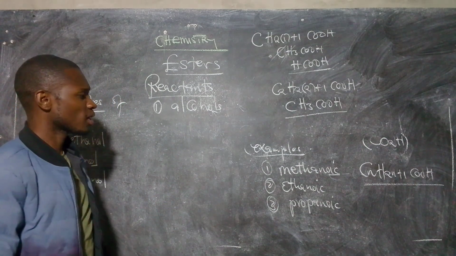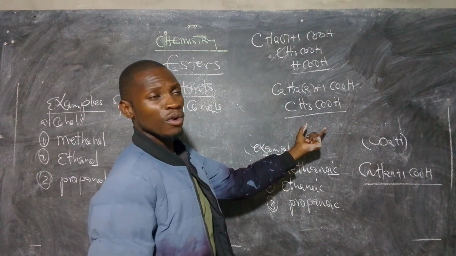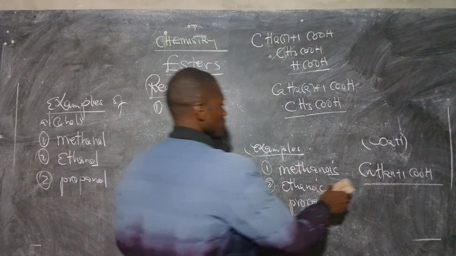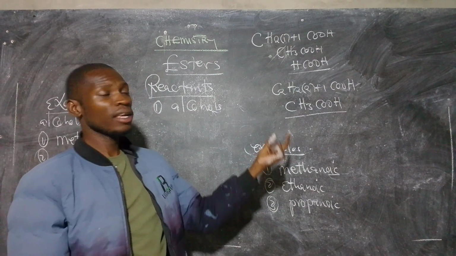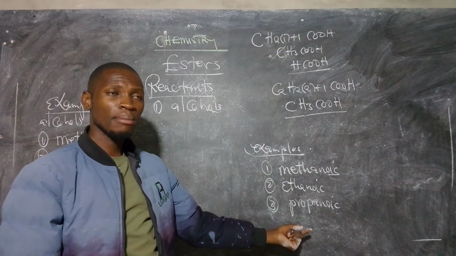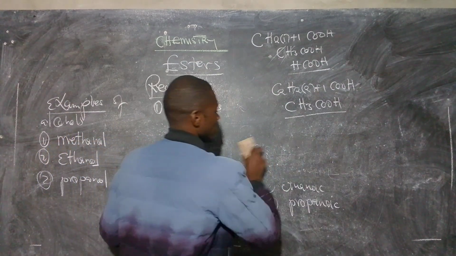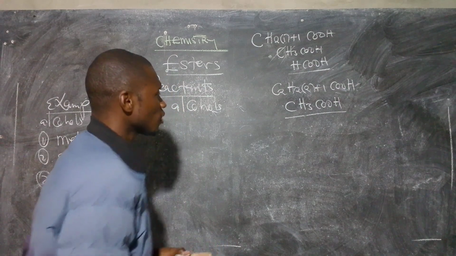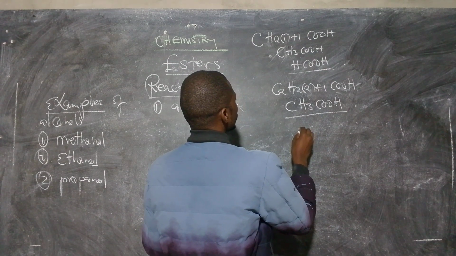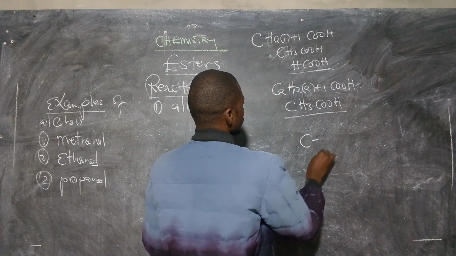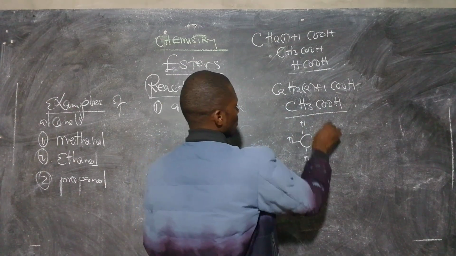The next thing we're going to talk about is how to form the structural formula for the acids. Having known how to do this, I hope you can try from propanoic up to decanoic, the 10th one. So, let's say now, the structural formula for this one will be C with 3 hydrogen, then this part.